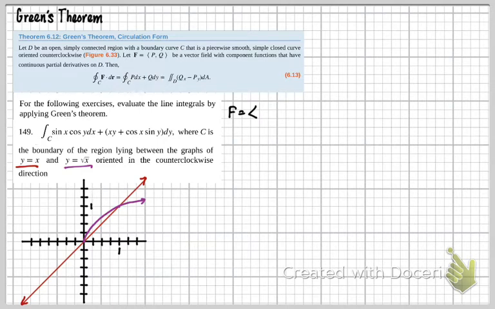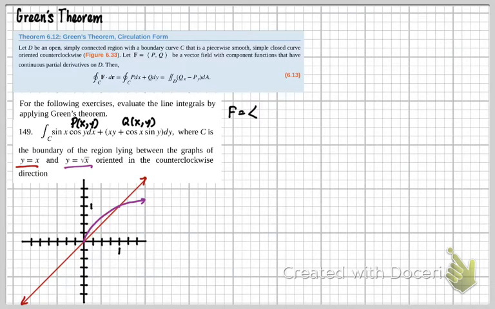If you look at the setup, I have my P here, and this here is my dx. And then I have my Q here, and there's my dy. So what we see here is this is my P, which I call P(x,y), and here is my Q(x,y). And those are going to be the functions of our vector field.